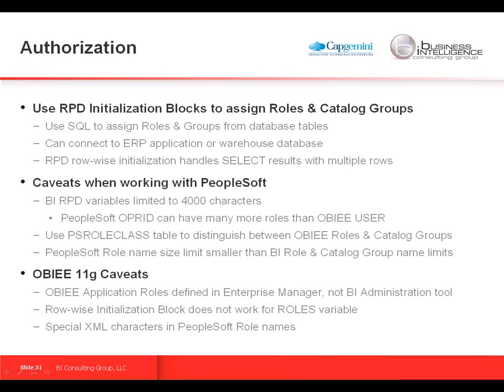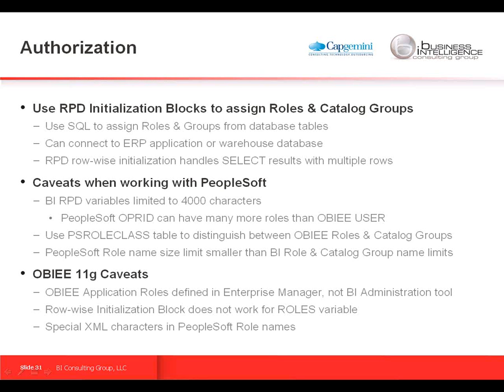So that authorization piece takes place essentially by using RPD repository initialization blocks. Those are little pieces of SQL that run when a user signs in. And we basically use those to go out and get roles from our PeopleSoft application database, and we assign that to the roles and groups in the BI system.